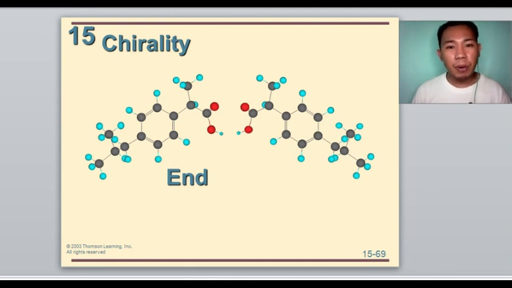Enzymes are very important in reactions in our body because they catalyze different reactions in the body. An enzyme with binding sites specific for 3 of the 4 groups on a stereocenter can distinguish between a molecule and its enantiomer or one of its diastereomers. So that ends my presentation.